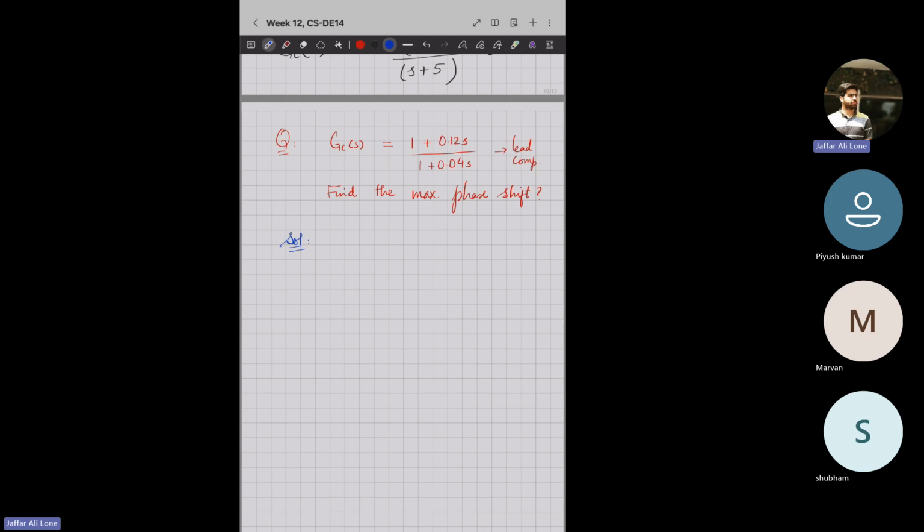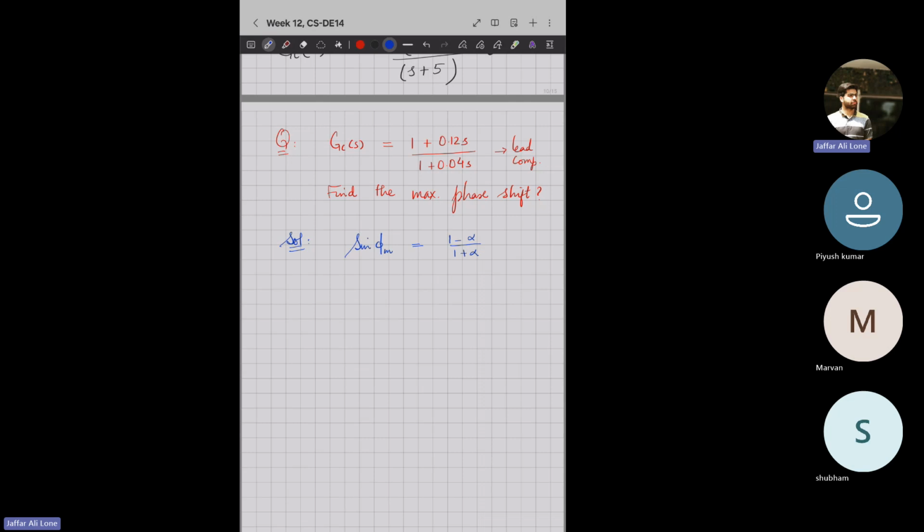And then we'll directly take the angle and we're done. But there is this formula, sine of phi m, which directly calculates it. That is 1 minus alpha divided by 1 plus alpha. So if we are able to find this alpha, then we are done.